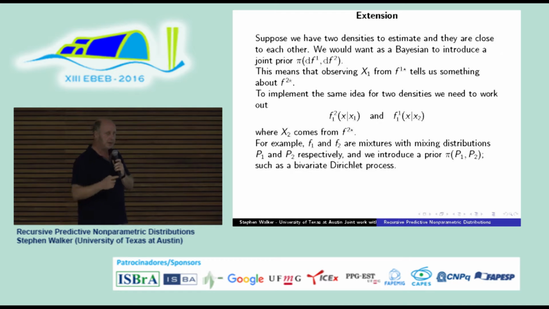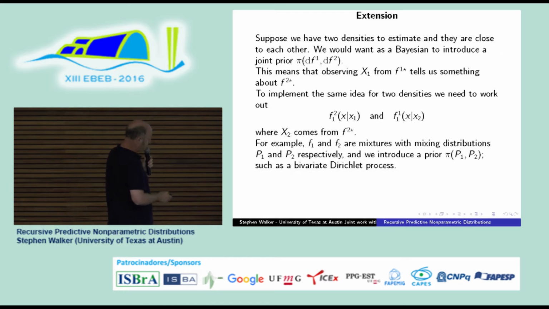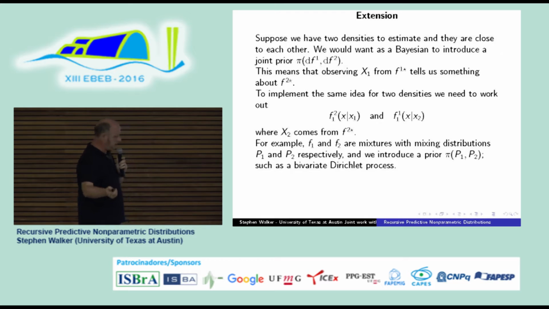This is not saying that the observations from one sequence are dependent on the other. This is only saying that if I've got an observation from F1, somehow I think that that helps my knowledge about the density F2 and vice versa. It's just saying that I think I learn about one density by observing an observation from the other one.